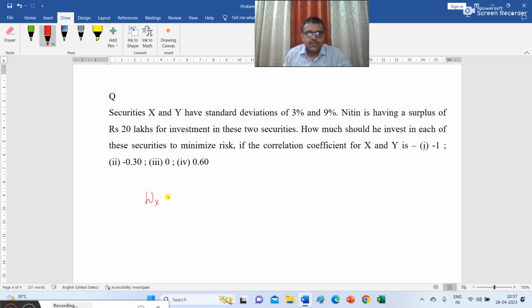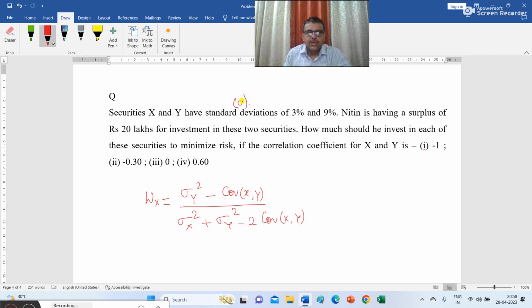WX is equal to sigma Y square minus cov of XY, divided by sigma X square plus sigma Y square minus 2 cov XY.